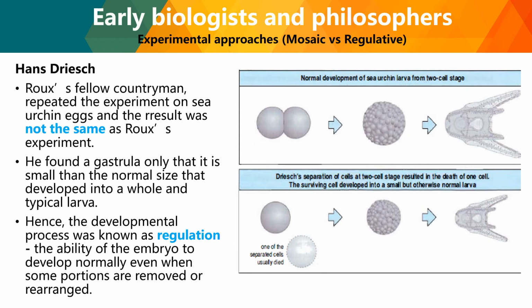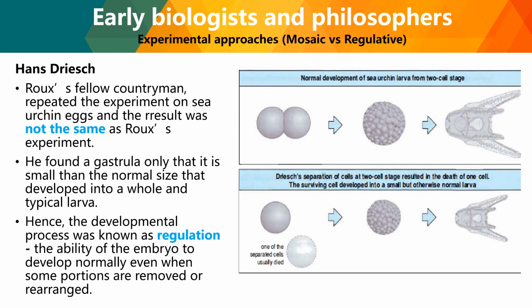Okay? So come to think of it, in the experiment of Roux, he actually utilized a frog egg. With his manipulations, he was only able to produce a half larva. But Hans Driesch used a different model, which is the sea urchin.